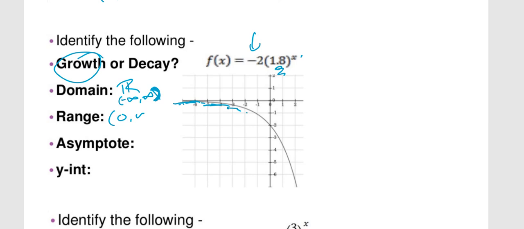So you always write the minimum first, so we would write it as negative infinity to 0. Both of those are parentheses. The asymptote is y equals 0, which is also the x-axis, because it won't cross that. And the y-intercept is 0, negative 2.